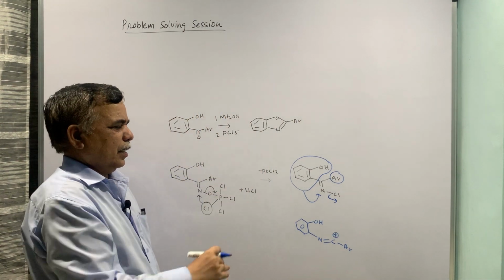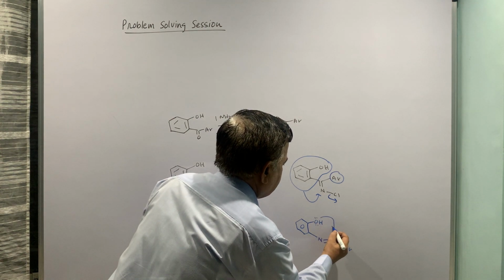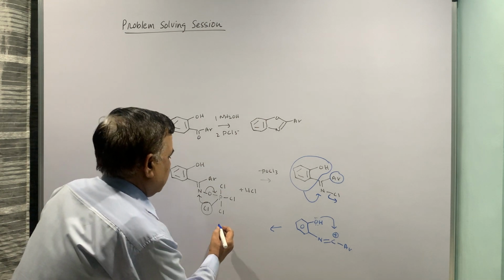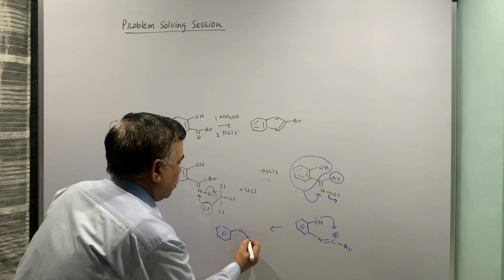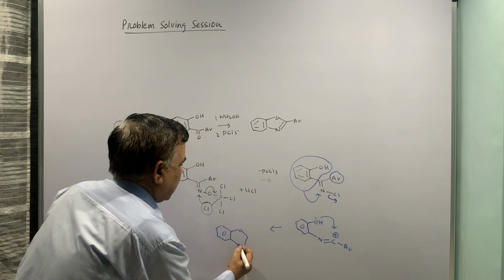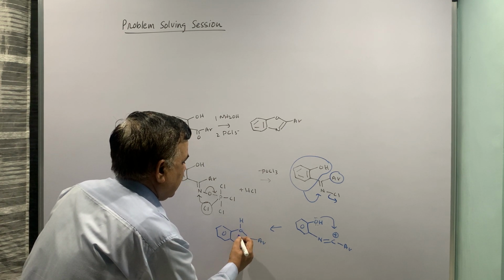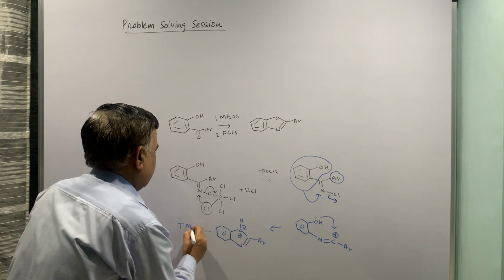I am just drawing it directly. Then this OH can attack. So, the intermediate is going to be like this: O, N, Ar. This will be OH initially, and loss of proton can give you the target molecule.